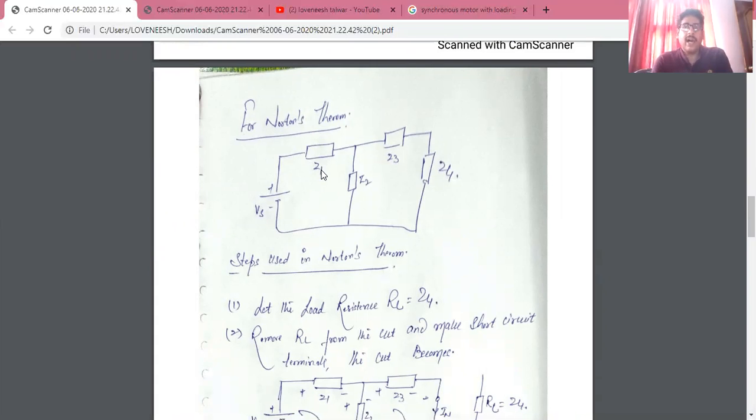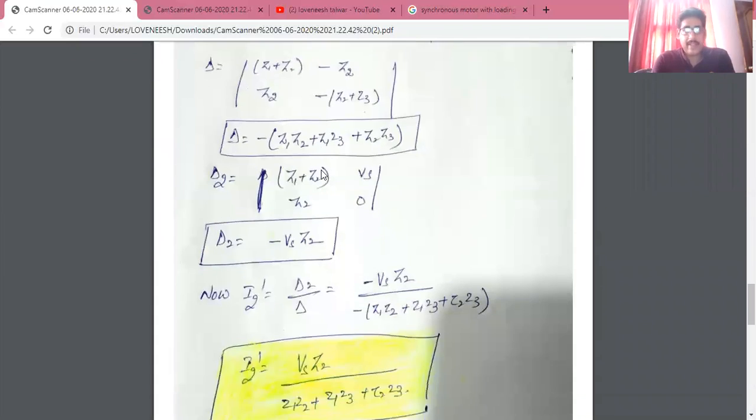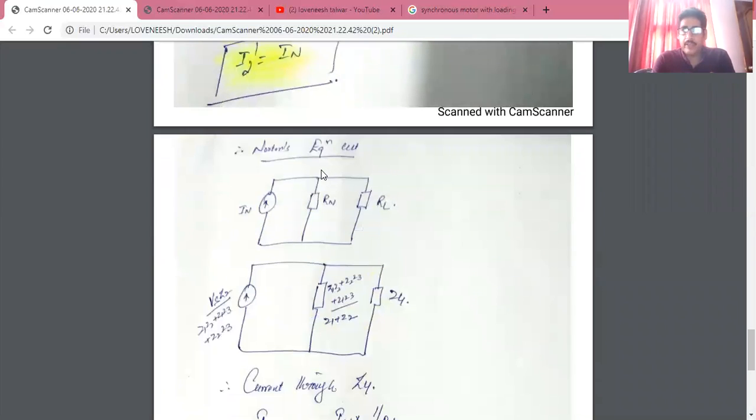See, your Rn, the Norton equivalent resistance, and RTH, the Thevenin equivalent resistance, are exactly the same thing. So for calculation of the Norton resistance, you can refer to my previous video on the Thevenin equivalent resistance.